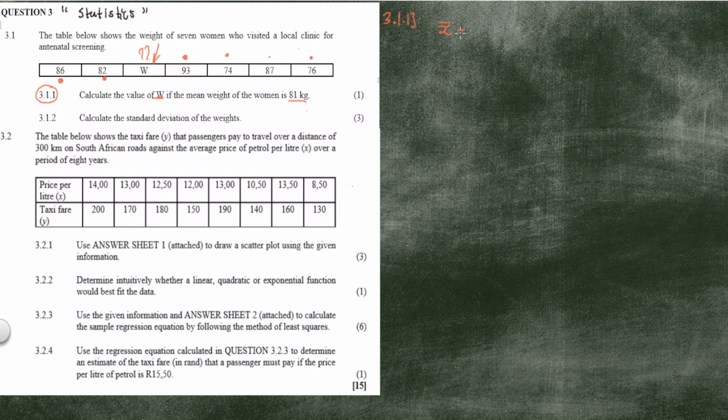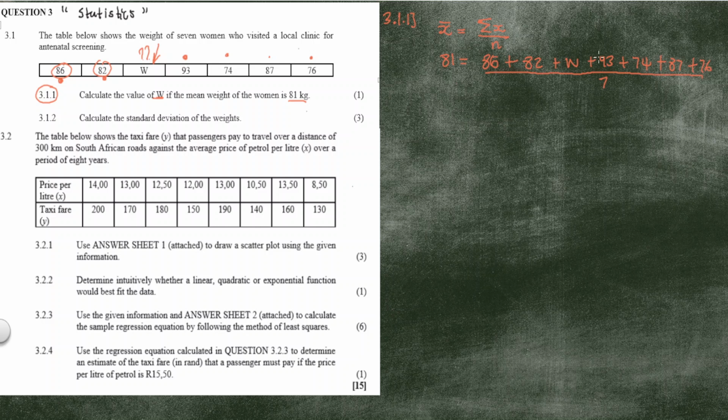So we have x bar equal to the sum of all the values on the table divided by the total number of values. The mean is 81. We add all the values: 86, 82, W, 93, 74, 87, plus 76, divided by the total number of women.